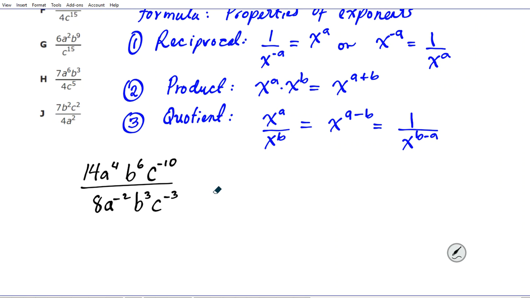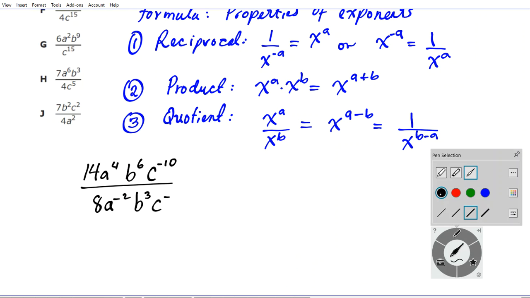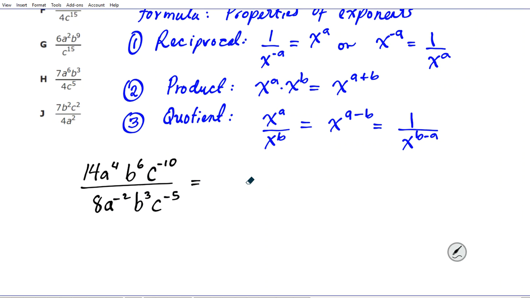Now the first thing we're going to do is address the negativity of the terms with negative exponents using the reciprocal property. This is property 1. So let's see. c has a negative exponent, a to the negative 2 has a negative exponent, and c to the negative fifth. So what's going to happen is that those terms will be reciprocated.